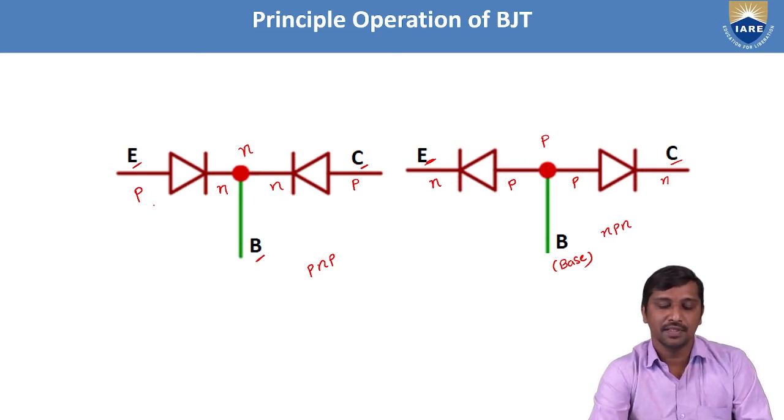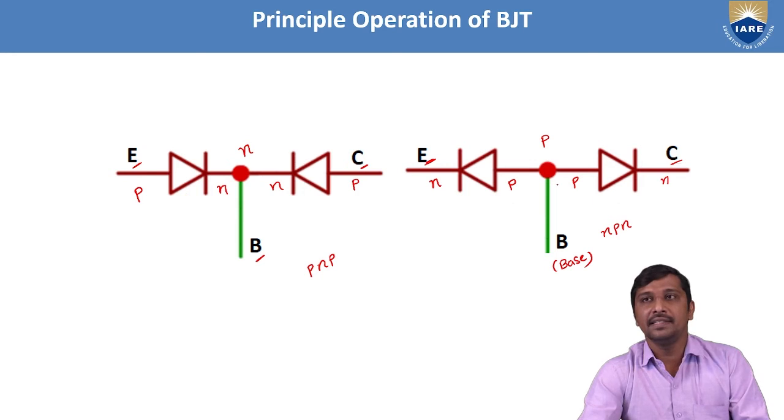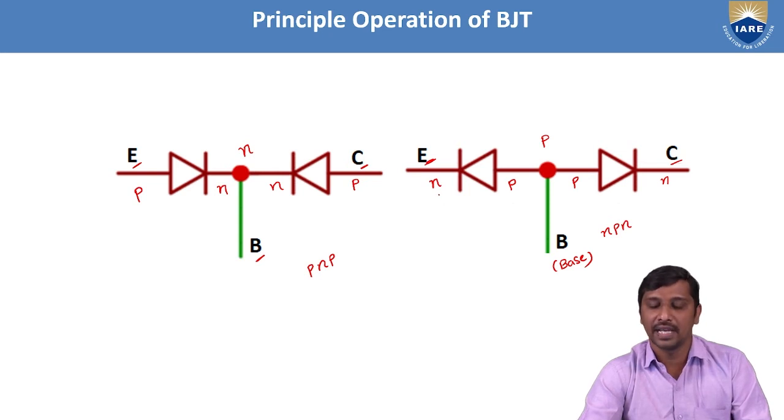In the PNP transistor, the emitter contains P-type material, hence the majority charge carriers in the emitter are holes. In the NPN transistor, the emitter side is N-type material, hence the majority charge carriers are electrons.